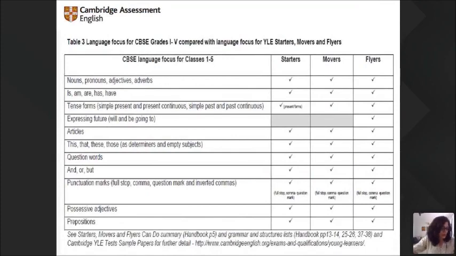Now here, this is a very interesting template, and this template maps the overall language focus from grades 1 to 5 of the CBSE curriculum, and it maps them to the language focus in each level of the Cambridge Wiley exam. So the language focus in Starters, the language focus in Movers, and the language focus in Flyers. Right?